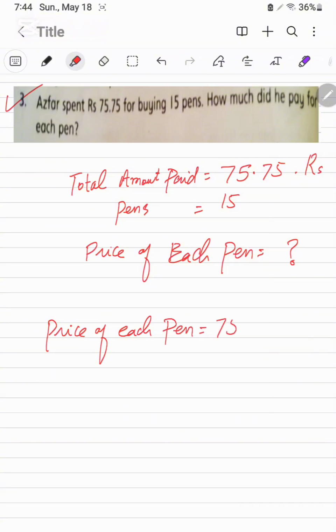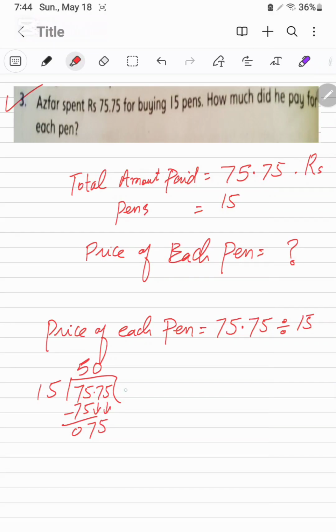It is 75.75 divided by 15. We will divide this as it is, the 15. 15 5s are 75. After subtraction, it will be 0 and 75 will be down, and we will put 0 here.